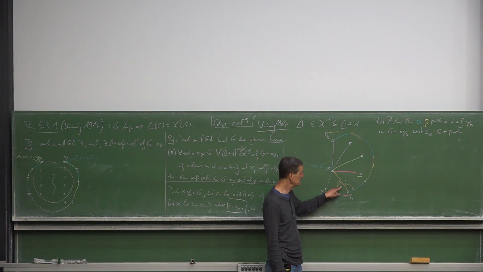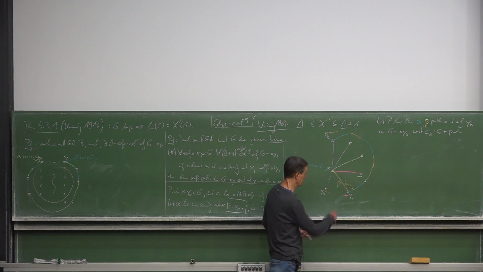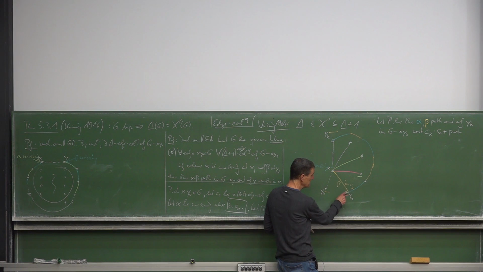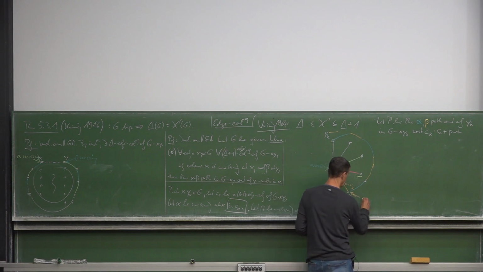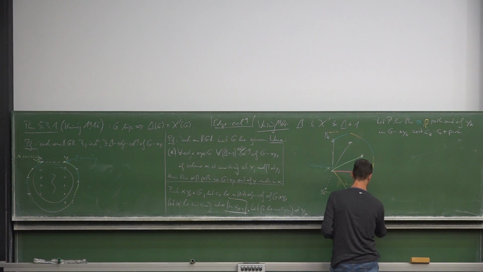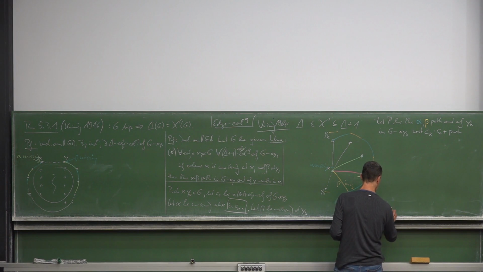So this beta is used in C naught for the next edge up. But that means it was missing at this yi in C naught. So beta is missing at this yi in C naught.